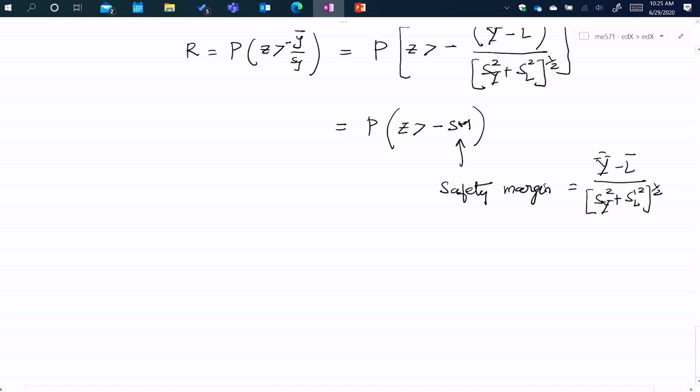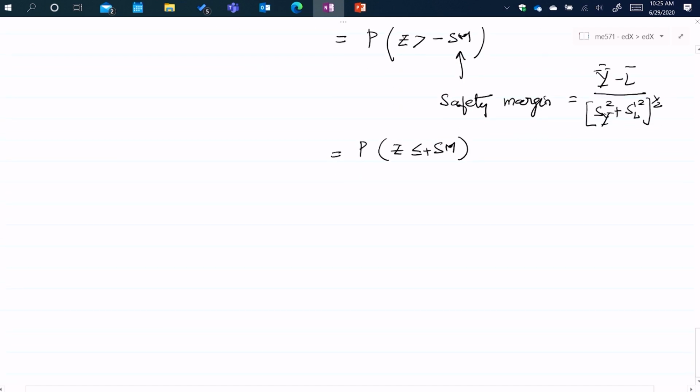Okay, so the probability that z is greater than negative of safety margin, remember from the standard normal distribution, is equal to the probability that z is less than or equal to plus safety margin.